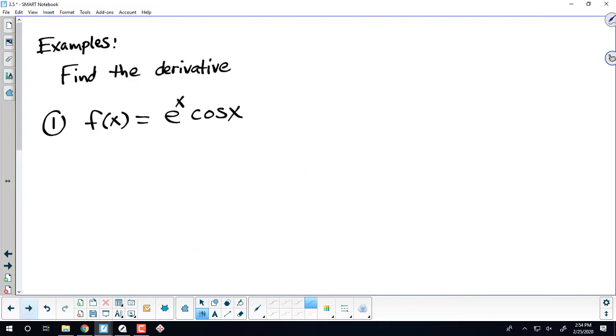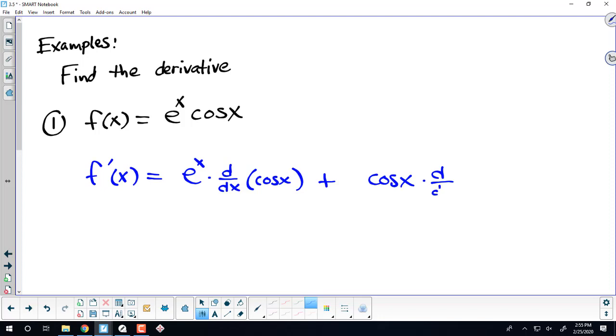Okay, so find the derivative of e to the x times cosine x. Of course, you need to know the derivative for both of those because we're dealing with a product. We have to use the product rule. So the first times the derivative of the second plus the second times the derivative of the first.